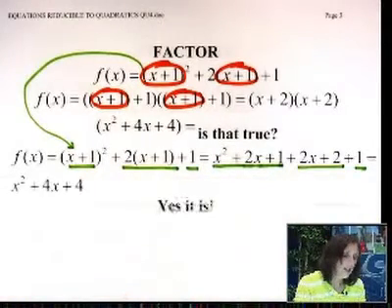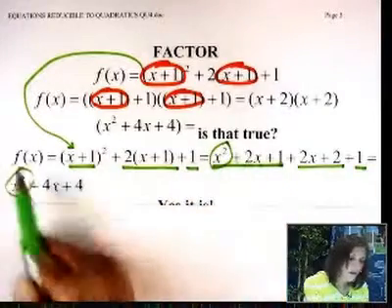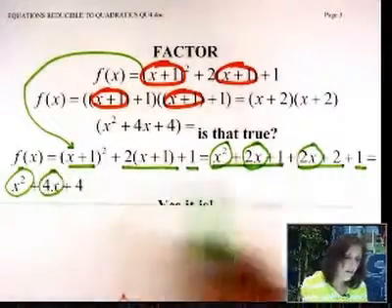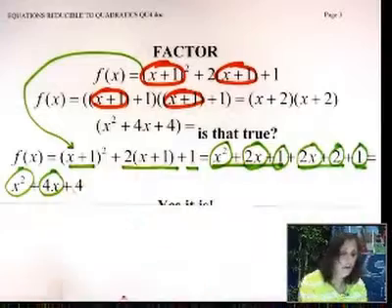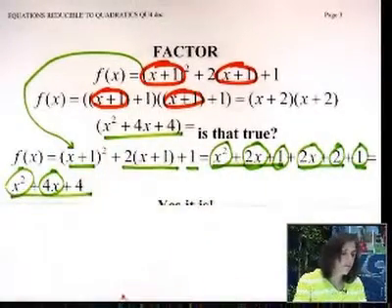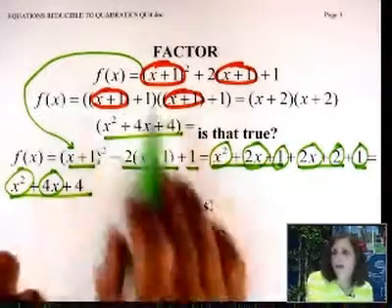All right? And what does that give me? x squared. You have 2 plus 2, that's 4. And you have 1 plus 2 plus 1, which is 4. Amazing. It is actually the same. All right. So this method works.